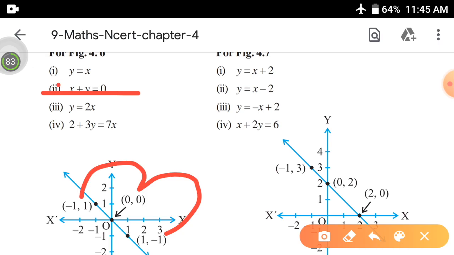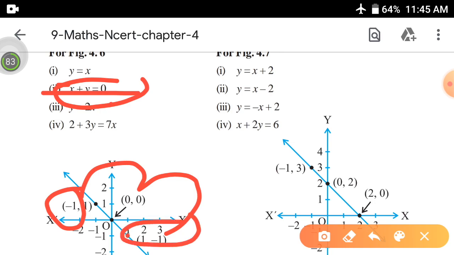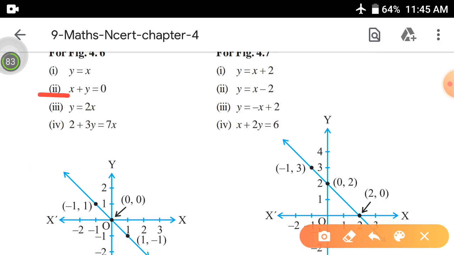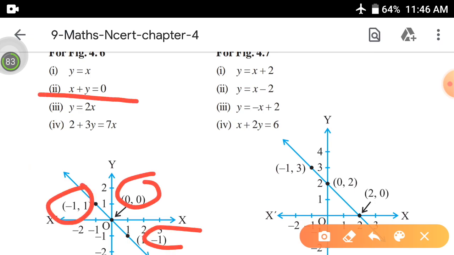If you put x equal to 0, you get y equal to 0. If you put x equal to minus 1, you will get y equal to 1. And if you put x equal to 1, then you will get y equal to minus 1. So you can see that this second equation is satisfying all these 3 points. So this is the answer, but you have to solve it and show it in your answer. Now move to the next question.